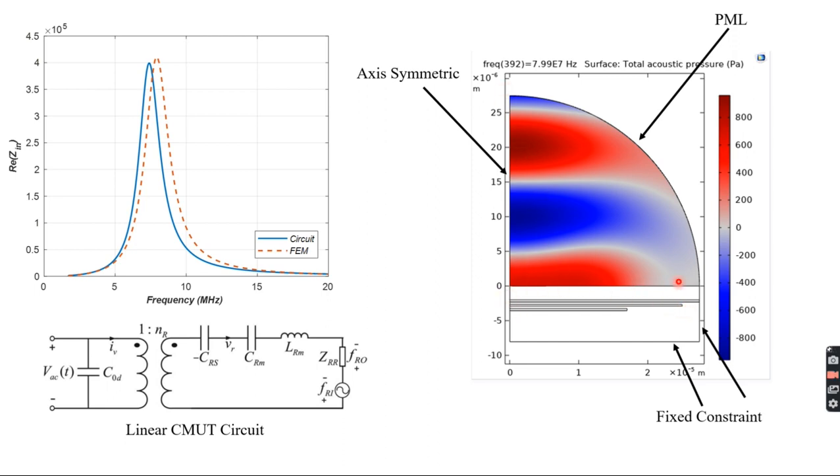If you model the acoustic port correctly, having a perfectly matched layer or enforcing an absorbing boundary condition to ensure a spherical radiation condition, so that the acoustic port is properly modeled, then you don't see much of a difference in the simulated bandwidth or the frequency. All the parameters of interest like impedance level, frequency, and bandwidth match perfectly well. So circuits can be said to work at the accuracy level of FEMs.